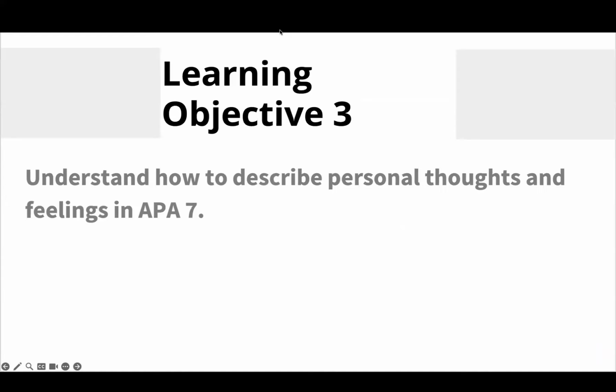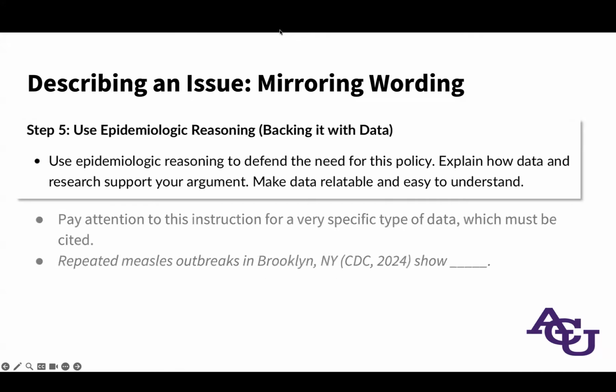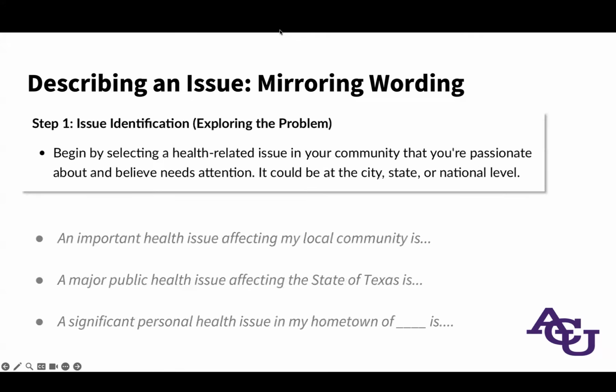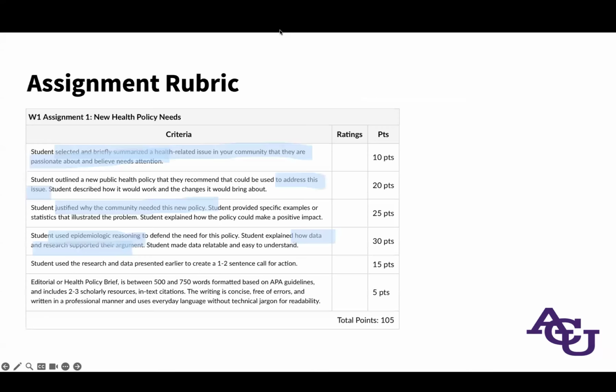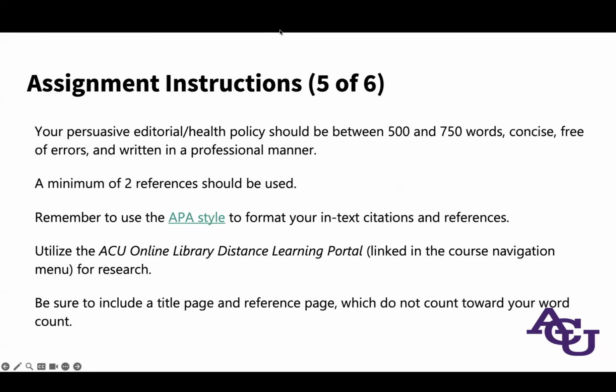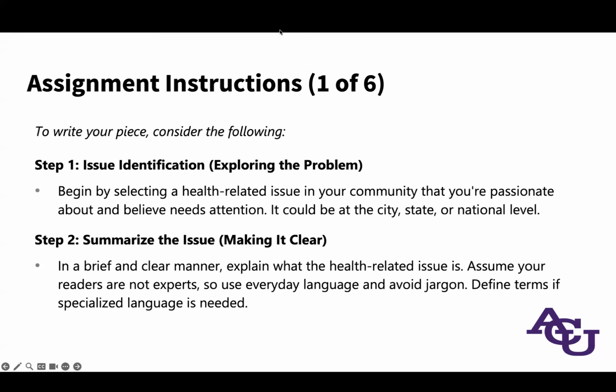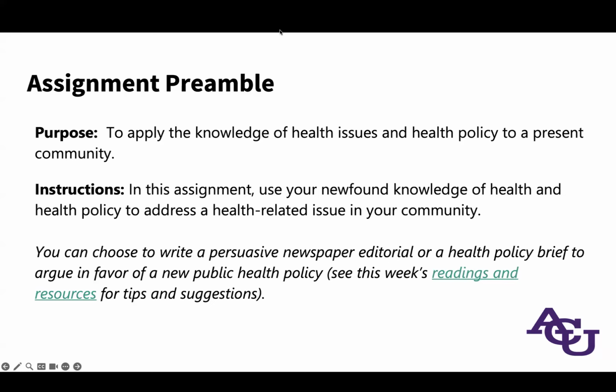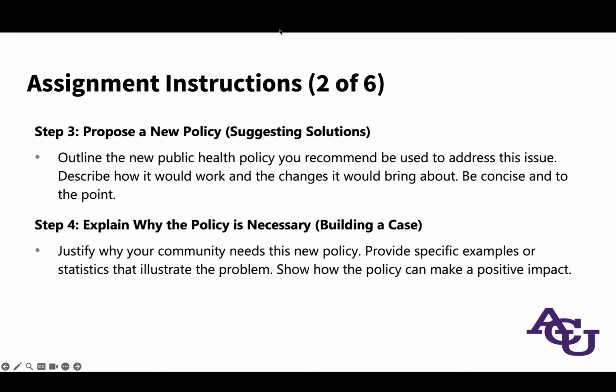All right, we're going to finish here with a discussion of personal thoughts and feelings in APA 7, because in this paper, the instructions do have some provision for describing your personal thoughts and feelings. It says that for your persuasive editorial or health policy, you can refer to your community and you can use anecdote to ground it.